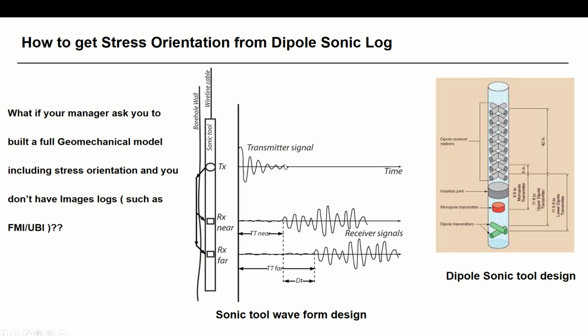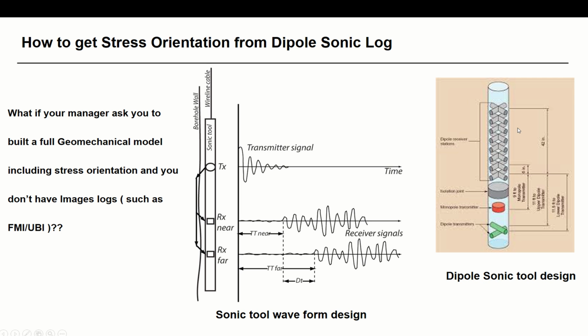Here in the middle we have the monopole design, or call it the conventional sonic log. It generates a compressional wave and measures the travel time. Sometimes we can also infer the shear wave data from this monopole.